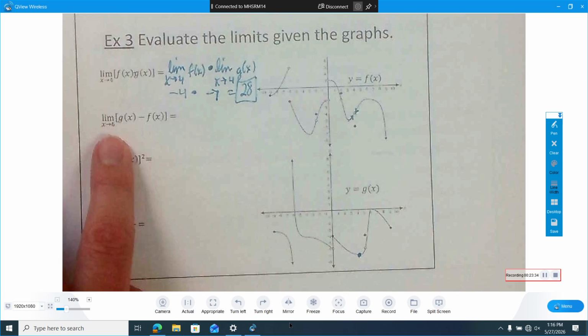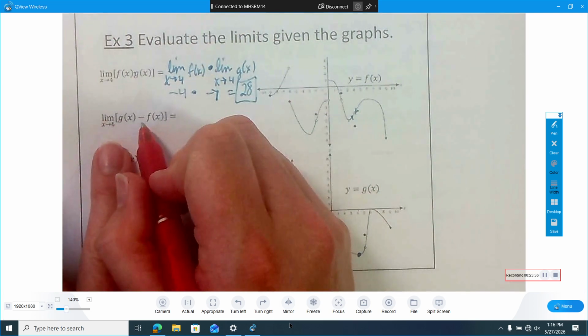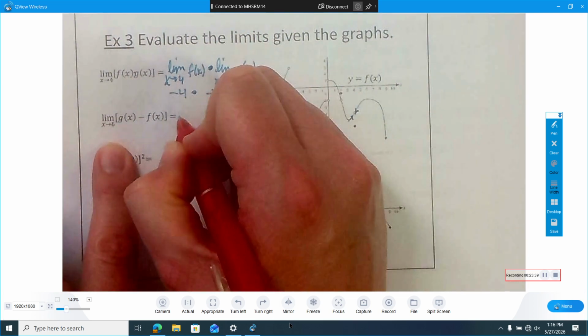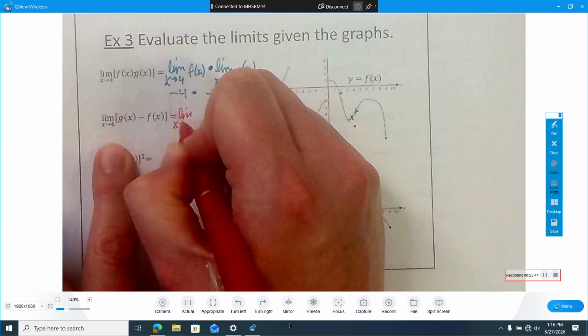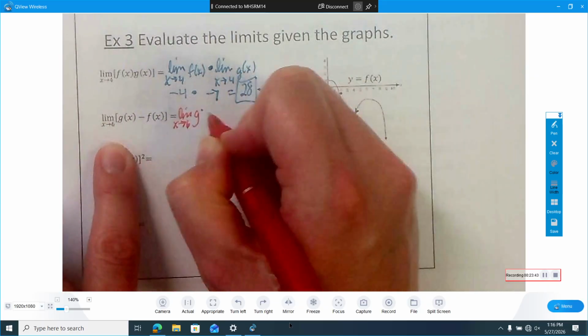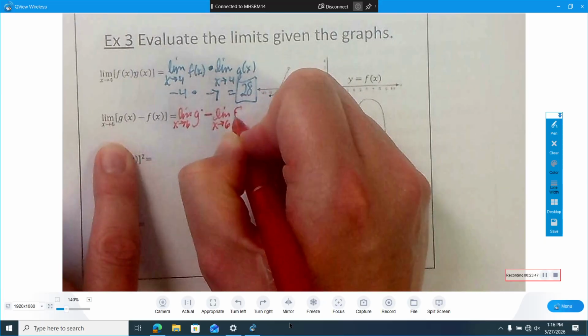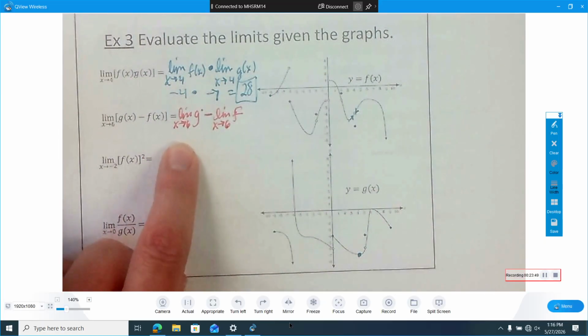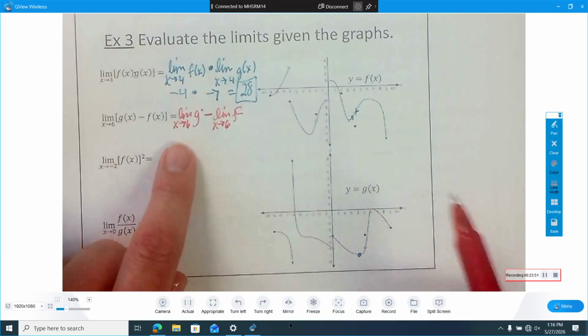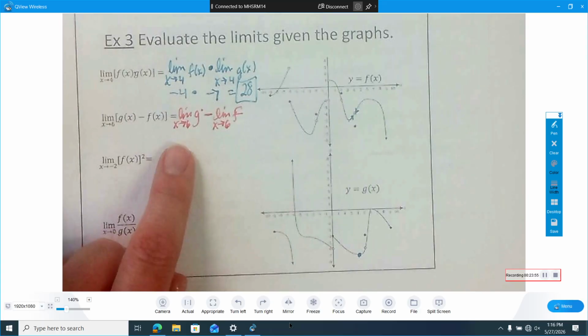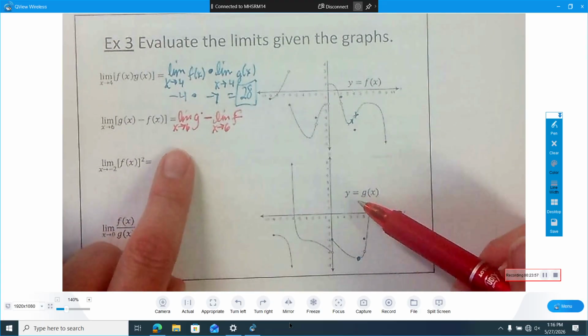Here on this other one, we've got a subtraction problem. So I want the limit as x approaches 6 of g minus the limit as x approaches 6 of our f function. And I'm just going to abbreviate that, which is fine. All right, so now which one do I need to look at first? G, the bottom graph here.